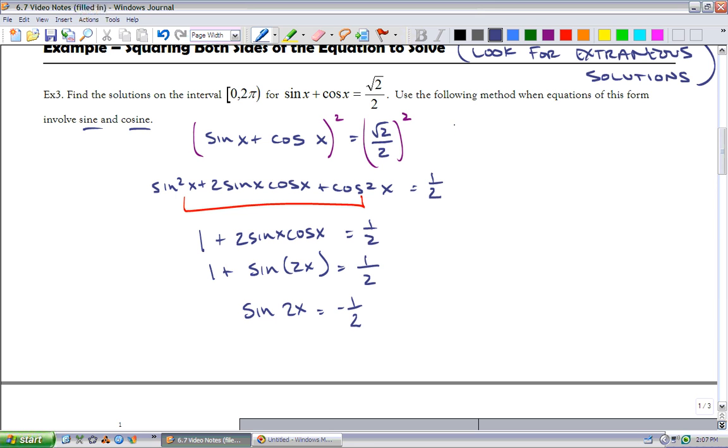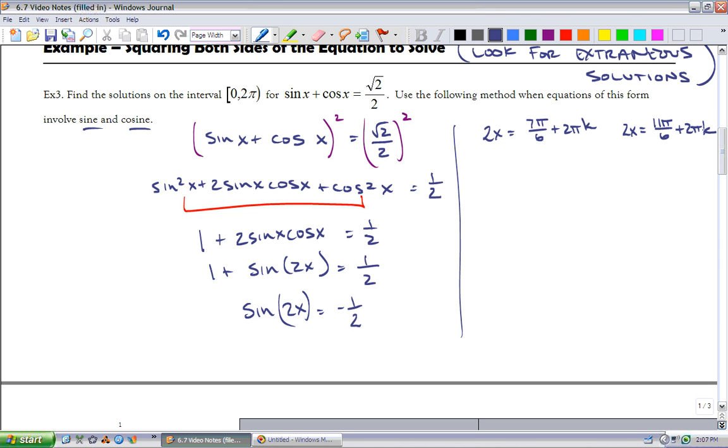And then, similar to our review in the beginning, I have to solve, I can do my u substitution here, and I'd end up with 2x equals 7 pi over 6 plus 2 pi n, and 2x, I keep using n's, I'm sorry, this book uses k's, and 11 pi over 6 plus 2 pi k.